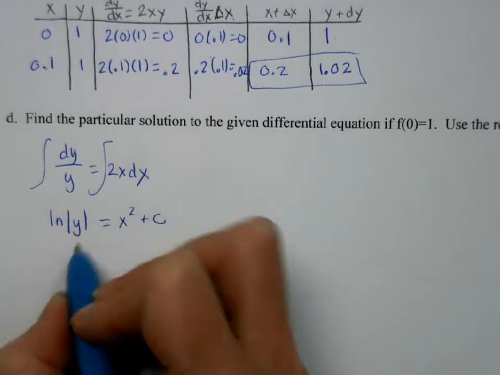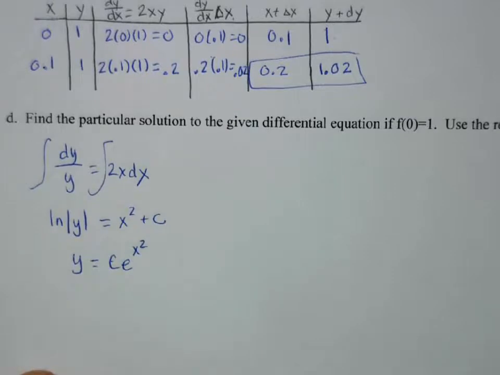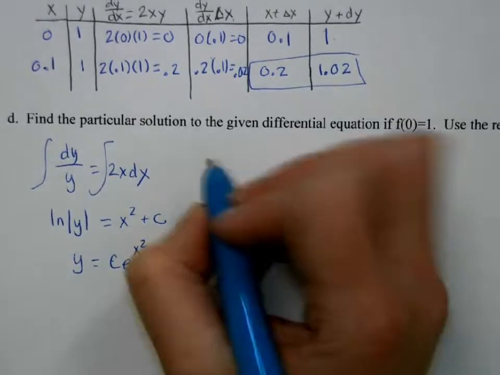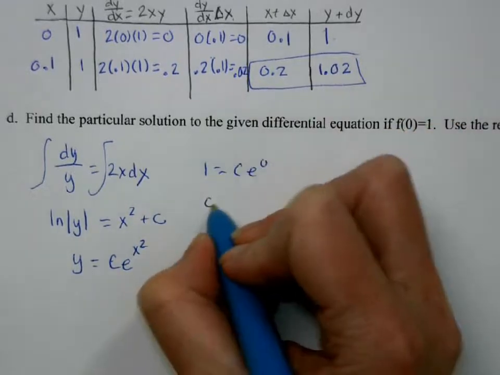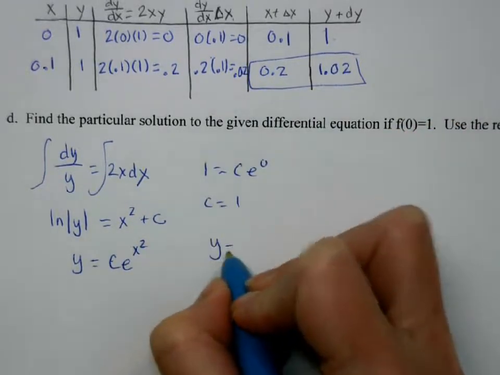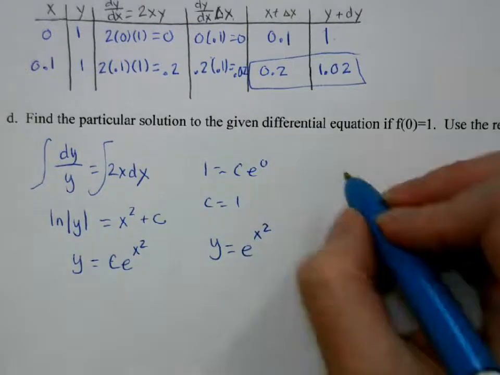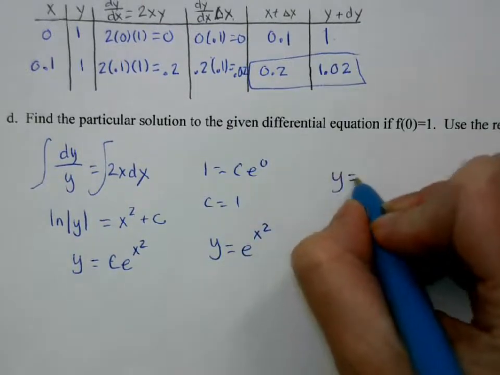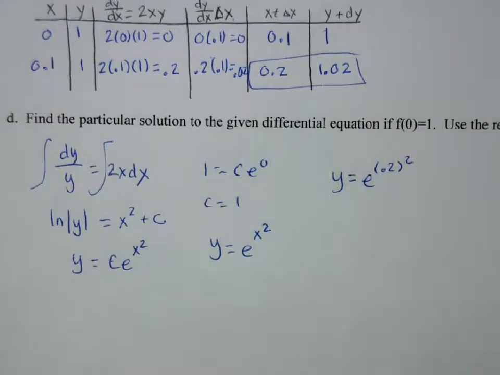We'll plug in our initial condition where 1 is equal to ce to the 0. So c is 1. So that's e to the x squared. Now we'll use our calculator, plug in 0.2 into our equation, and you get 1.041, which is pretty close to our 1.02.